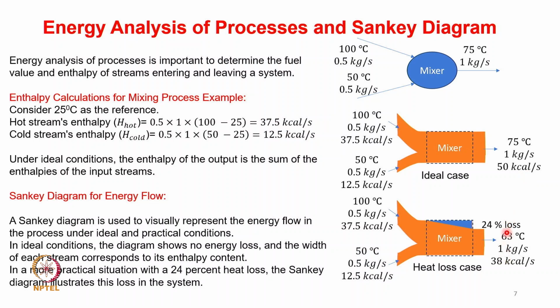You can calculate this final temperature considering that percentage of heat loss. In the ideal condition it is this blue rectangle, while due to the losses it has decreased and finally gets out.